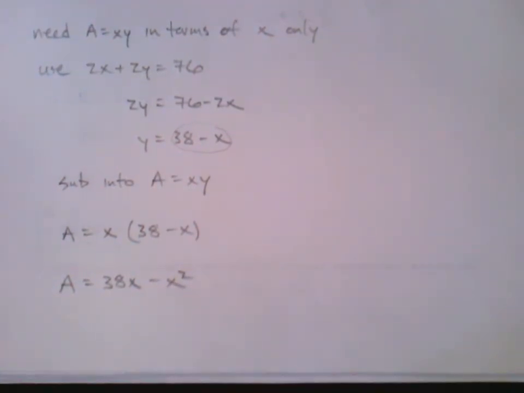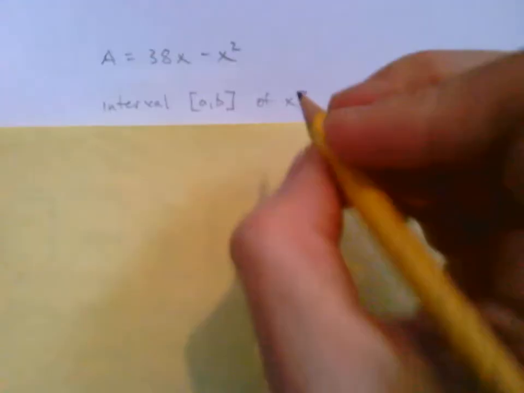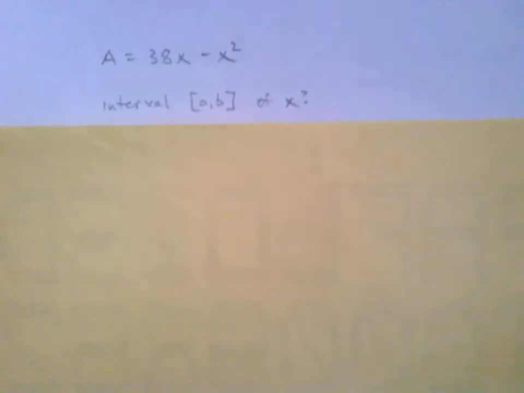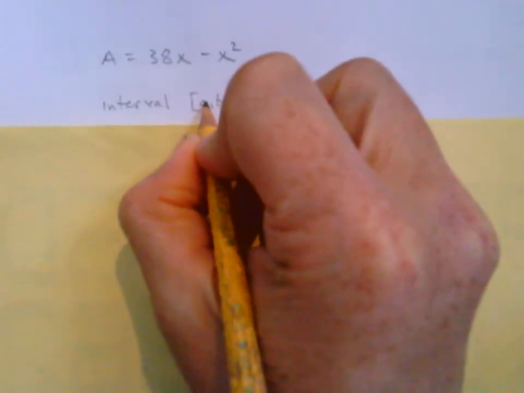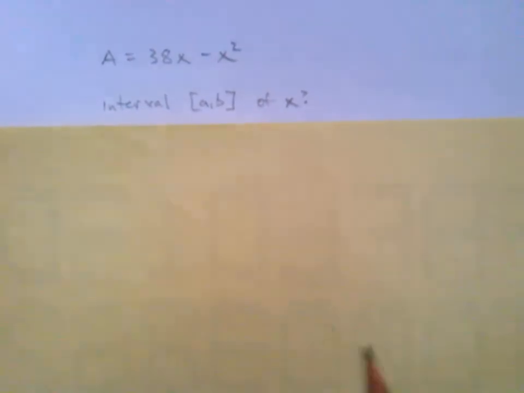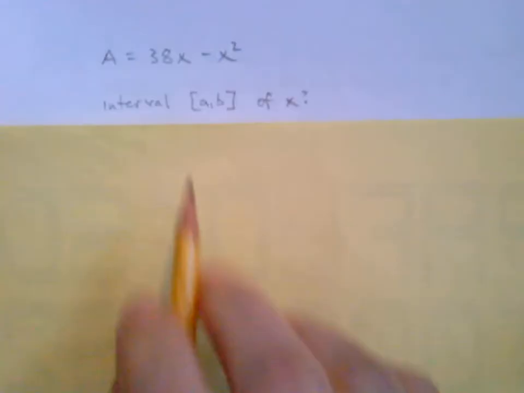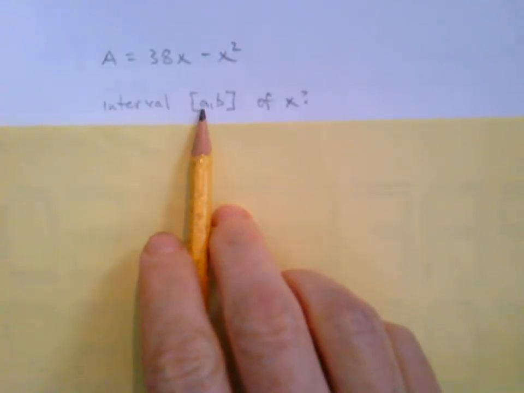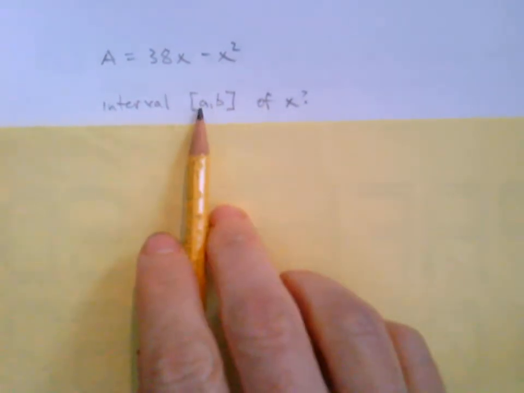But we still have some work to do before we can go through the process of an absolute max or min. Let me repeat what we have here just to start off a new page. We've got that area formula, but what is the interval? The question now becomes, what's the interval [a, b] of x? What are the smallest value of x and the biggest value of x that x can take?